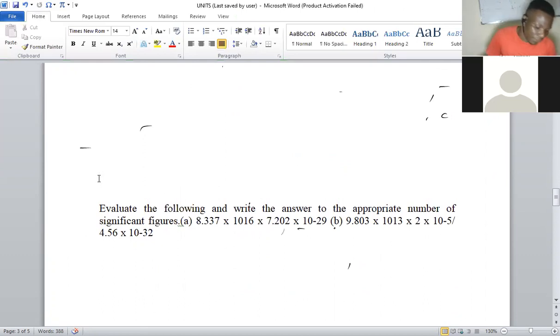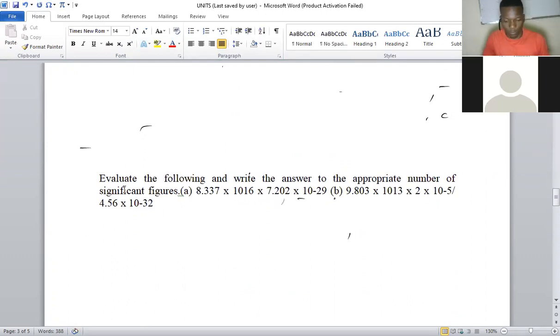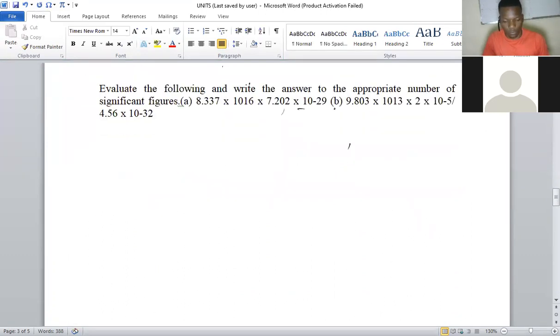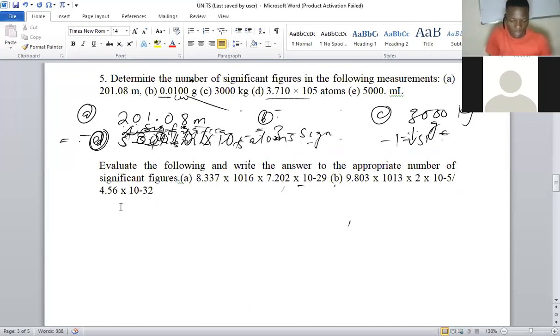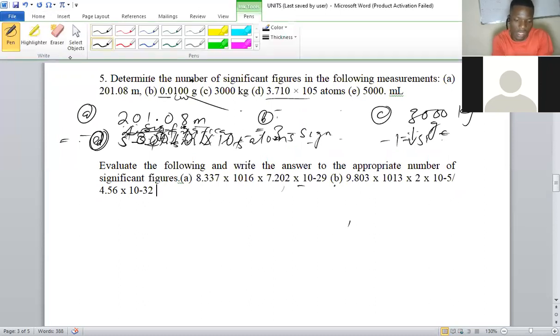It's saying evaluate the following, and write the answer to the appropriate number of significant figures. So we have our A. Let's look at A.